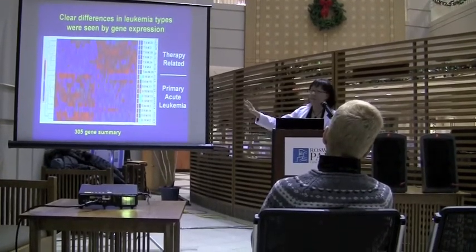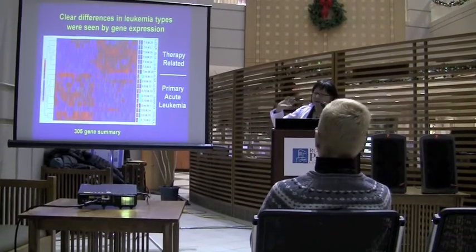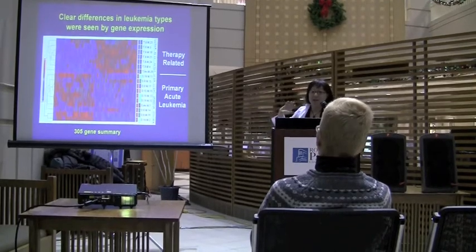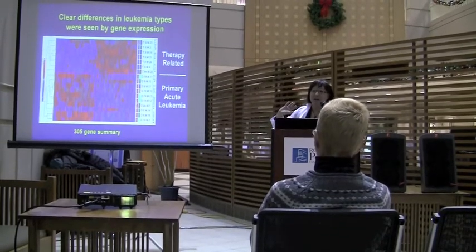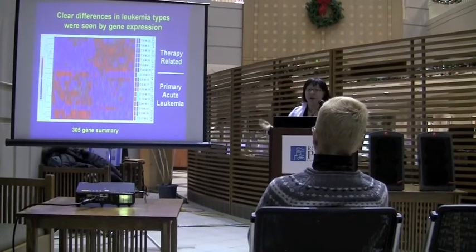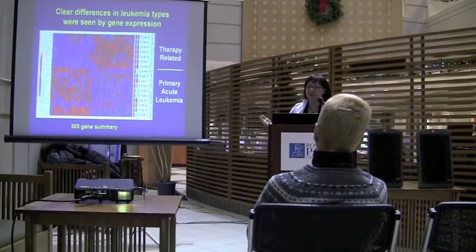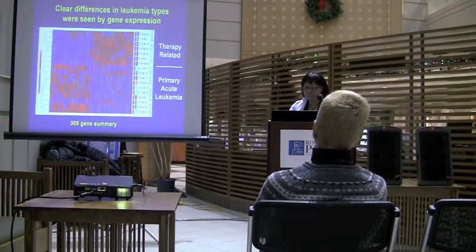In the therapy-related samples, all of the genes on the left side are more blue, and then on the right side they're all red, whereas in the primary leukemias it's the opposite. So there are clearly genes that are up and down regulated in specific patterns that are related to the type of leukemia that they develop.